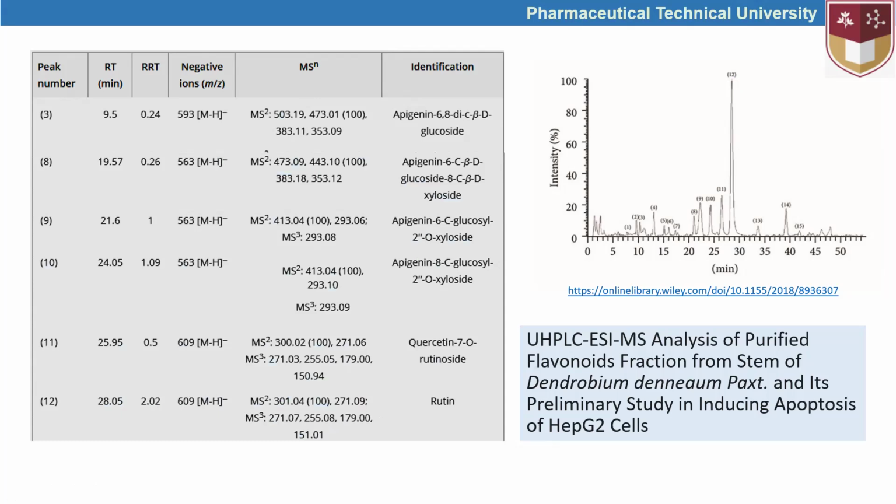And the paper is named UHPLC, ultra high performance liquid chromatography, electrospray ionization mass spectral analysis of purified flavonoids fraction from stem of Dendrobium denneanum Kerr, and its preliminary study in inducing apoptosis of HepG2. So the extract obtained from this organism holds these ions.